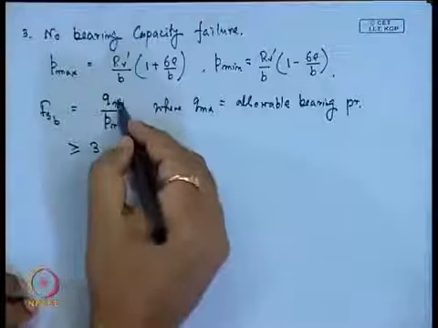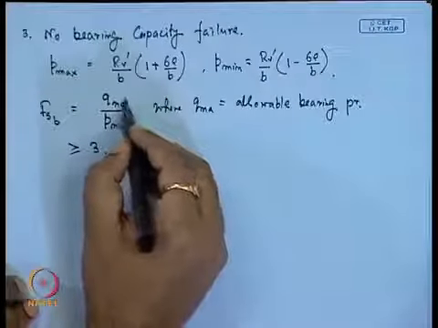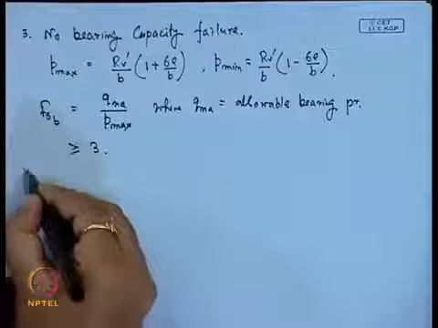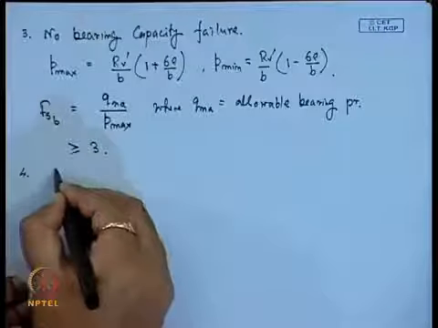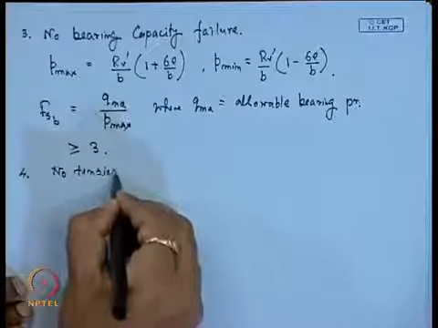That means the soil pressure that the soil is able to take is divided by P max, and that gives us this factor of safety. Then the fourth check is the no tension failure, the no tension condition.